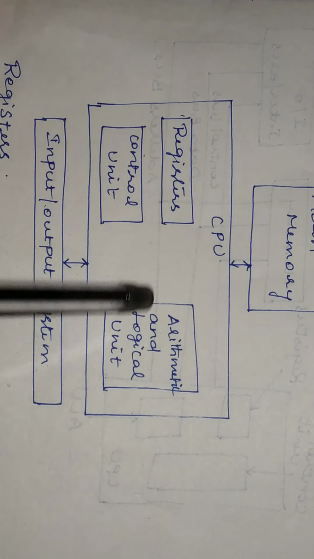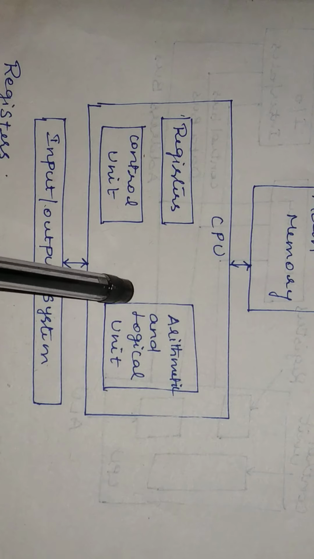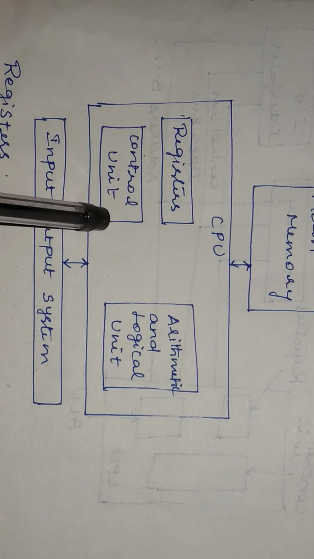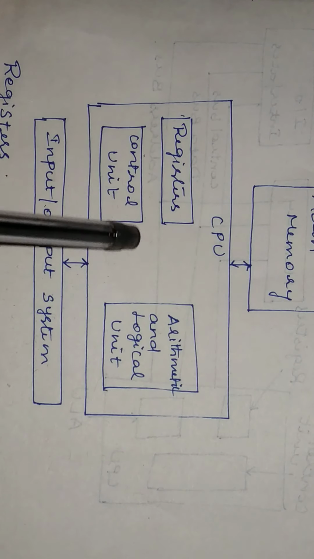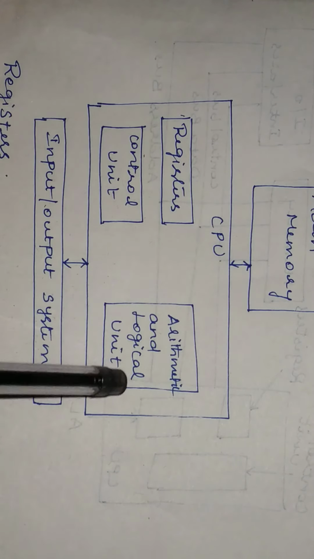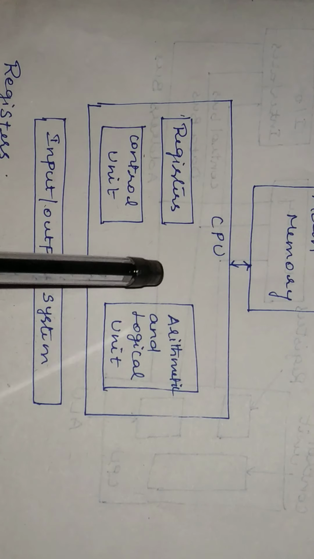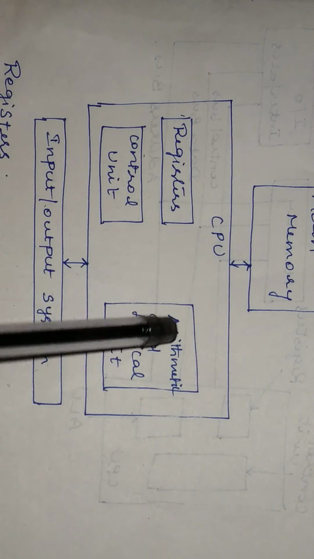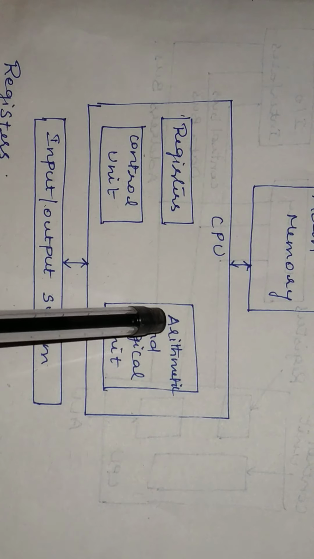In order to initiate the processor and execute the instructions, the control unit provides all the control signals, including which units have to be enabled and which units have to be used to perform those operations.